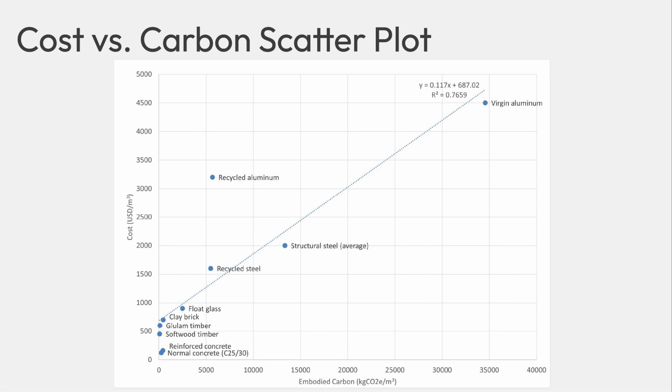Concrete and brick sit at relatively low cost but moderate carbon levels, while metal forms a distinct high-cost, high-carbon group. This suggests that the observed correlation is largely driven by material category and production process, rather than cost being a direct predictor of carbon emission.